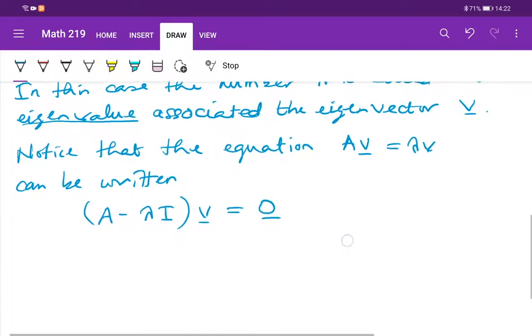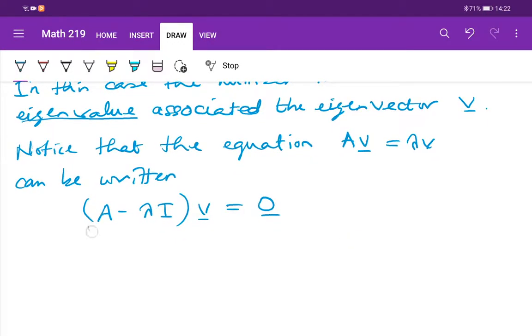Okay, so how does this help? Let's call this part B. So B again is an n by n matrix. It depends on lambda, of course, but it's still an n by n matrix.